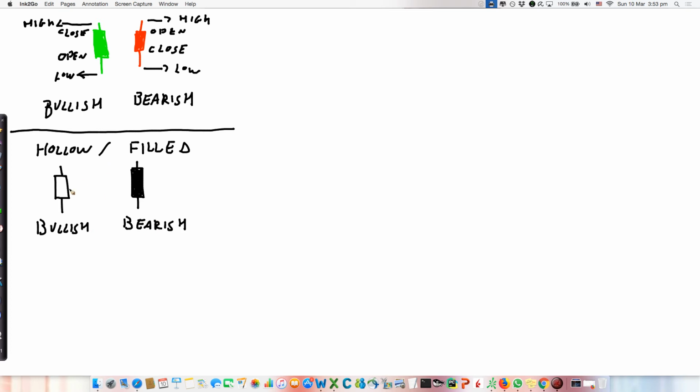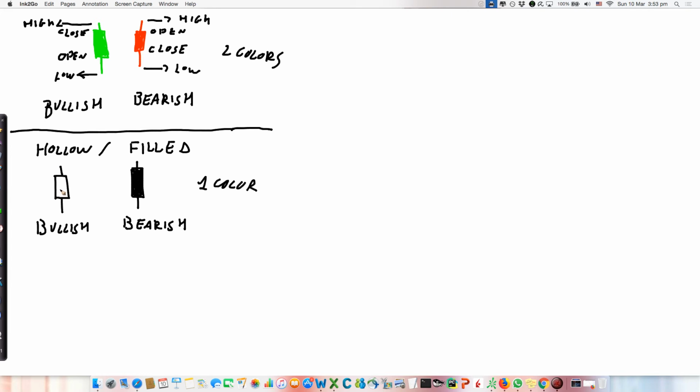So again, this is the bullish and this is the bearish. Now what is the difference here? That we have one color, and usually this color is black. Okay, so here we have 2 colors, here we have 1 color. And to distinguish between the bullish and bearish, instead of having the colors, we have the fill or hollow. So the meaning is again the same.